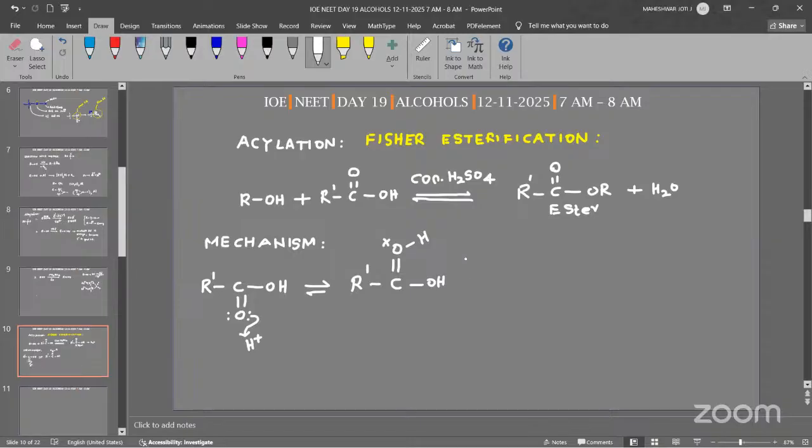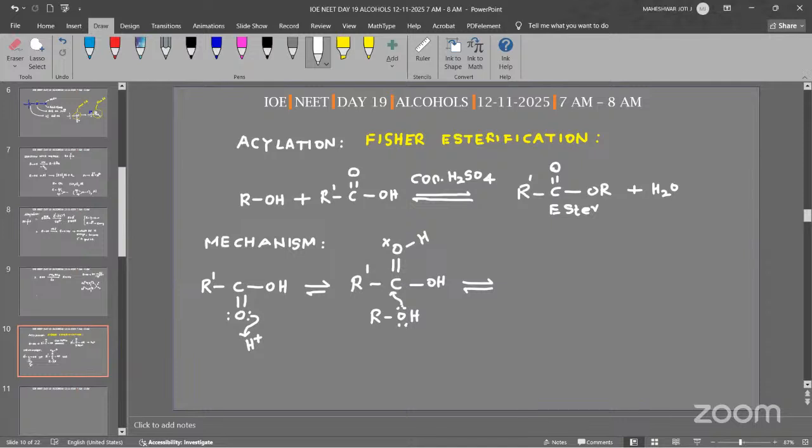Right? Now, at this stage, alcohol ROH acts as a nucleophile due to the lone pair on oxygen. Right? So now this nucleophile attacks this electrophilic carbon because carbon gets partial positive charge.